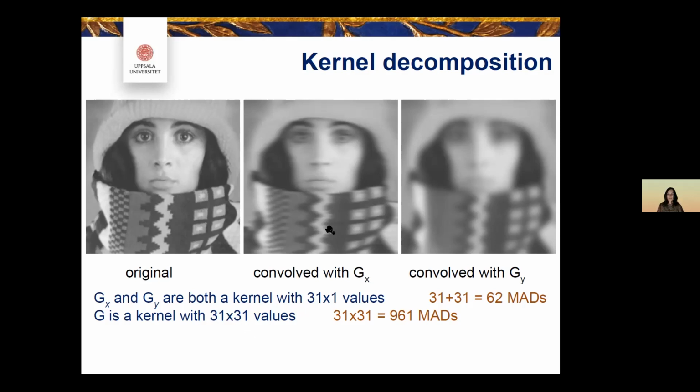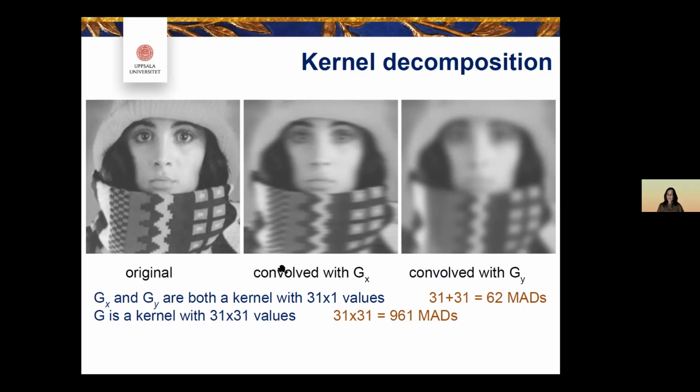Such a kernel in 2D has 31 squared values, and that is how many multiplications and summations have to be made. So in total, by direct filtering with a 2D Gaussian filter of size 31 times 31, we perform 961 operations, multiplications and additions.